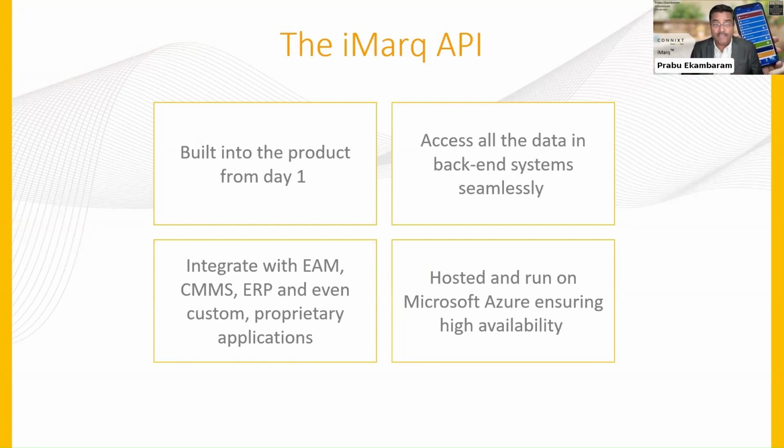So right from day one, it was API driven, to access all the data in the backend system seamlessly. This is again having enough hookups in our system so that we can coexist and connect to multiple systems at any given point of time, which also goes back to integrating with EAMs, AMS, ERP, and even proprietary applications.